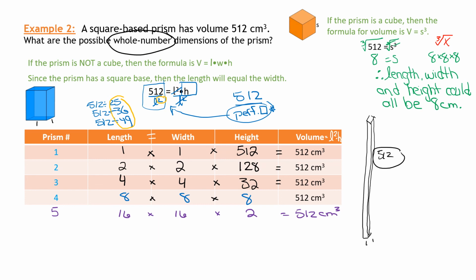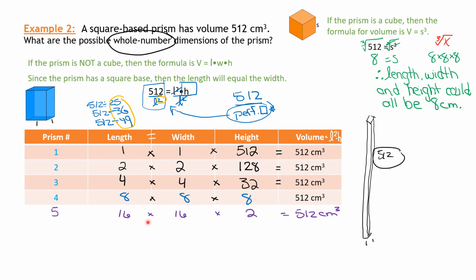Another way you could have tried to do this problem is, instead of starting with these numbers here, which are equal to each other, you could have started with height values. You could have started subbing in a height value of 1, and then work backwards to see if you can get a length and a width that way too. So you could have done that.